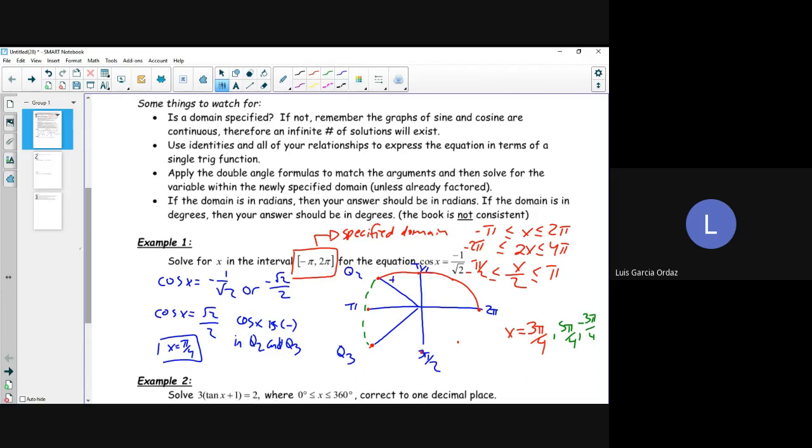So this is positive 3 pi over 4. This is positive 5 pi over 4. And then if we go negative, so clockwise, this is negative 3 pi over 4. So those are the three values of x that give us cos of x is equal to negative 1 over root 2, given its domain from negative pi to 2 pi. So x is equal to 3 pi over 4, 5 pi over 4, and negative 3 pi over 4.